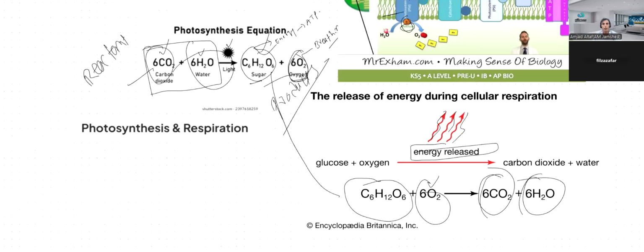This is the energy that will be utilized by us or any other plants or animals, right? So you can see respiration is the process that is opposite to photosynthesis. Photosynthesis was there to produce glucose, but respiration is breaking that glucose to extract energy and produce carbon dioxide and water as a byproduct.